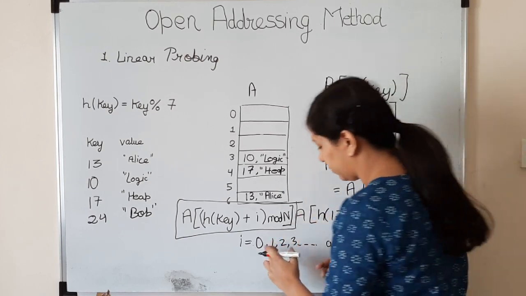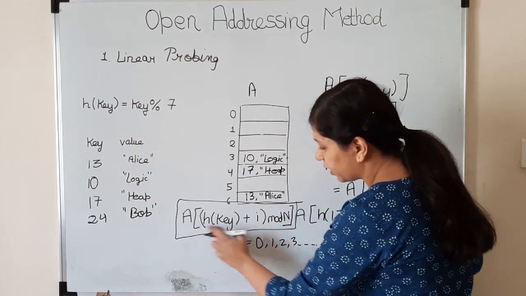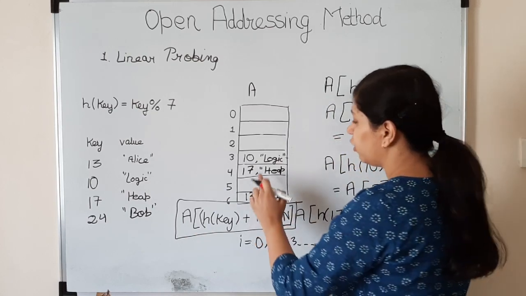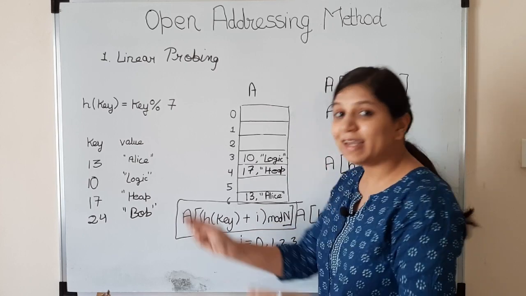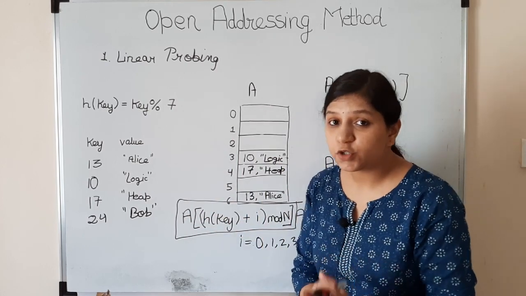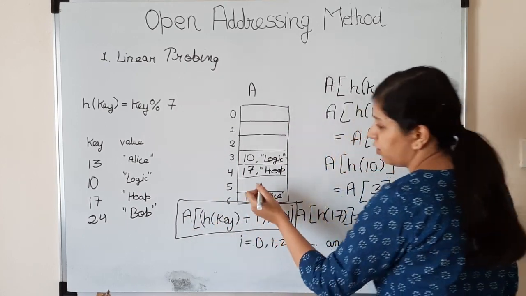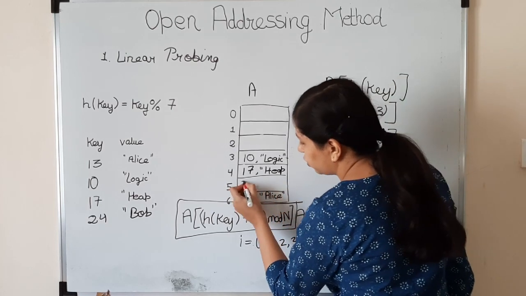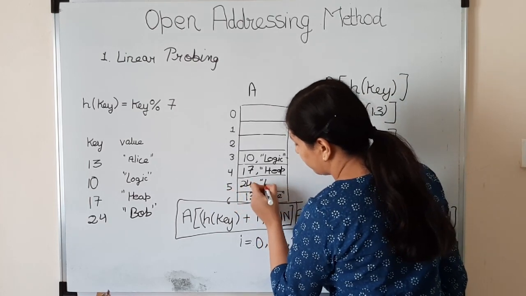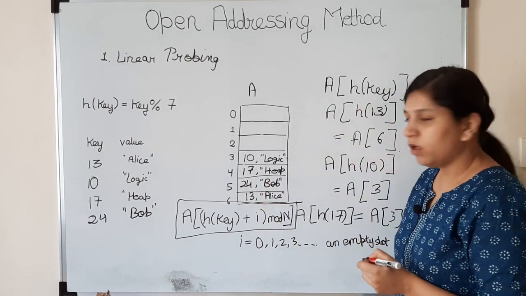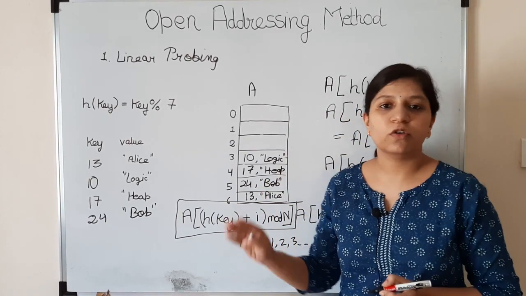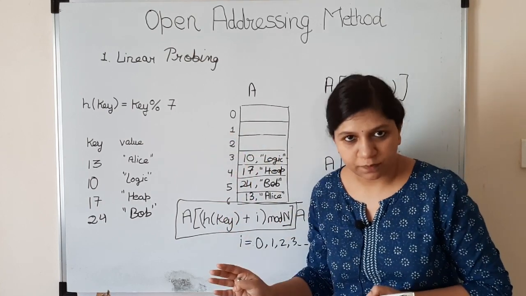Now i becomes 1. So this becomes A4. You will go to A4. Again this is occupied, so you will again increase the value of i. Now i becomes 2. So A5, and this is an empty slot. So you will put 24 bob here. Okay, so that's how you can do linear probing.